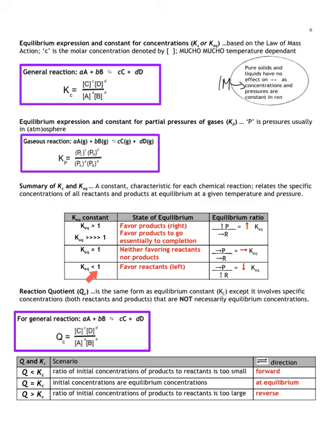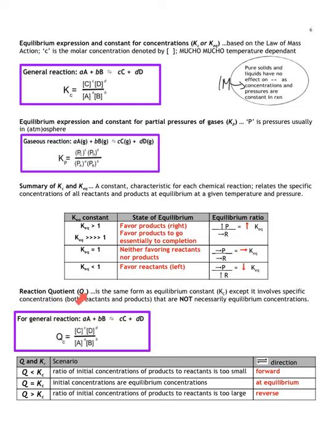If the Keq is less than 1, there's a whole lot of reactants compared to products. That's why your ratio ends up being a lower Keq value. So a very small amount of products compared to reactants. Reactants dominate at equilibrium if your Keq is less than 1.